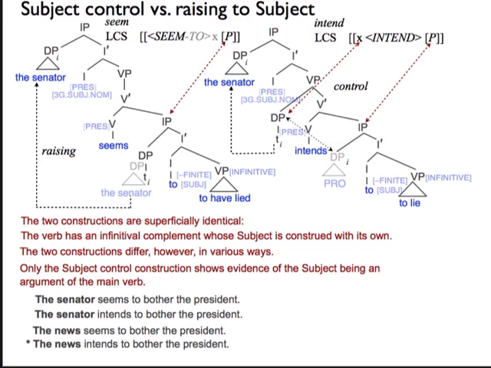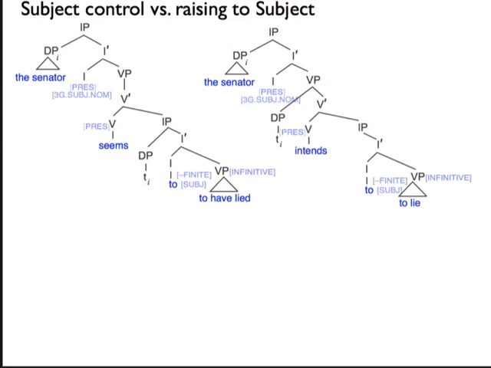If we just have an IP embedded under intend, the only possibility is for the subject of that embedded clause to be covert. You could look at this as a kind of ellipsis, but it's a required ellipsis, and it occurs only in certain configurations. That's the key thing. And the configuration it occurs in looks just like a raising construction. So it's an interesting phenomenon.